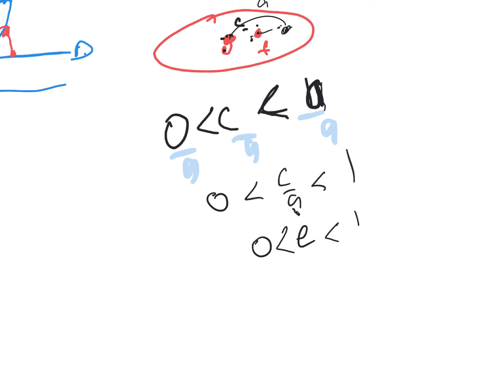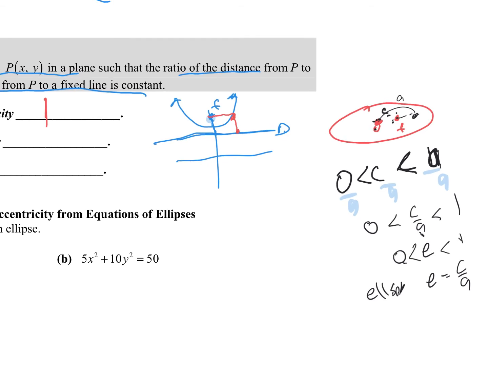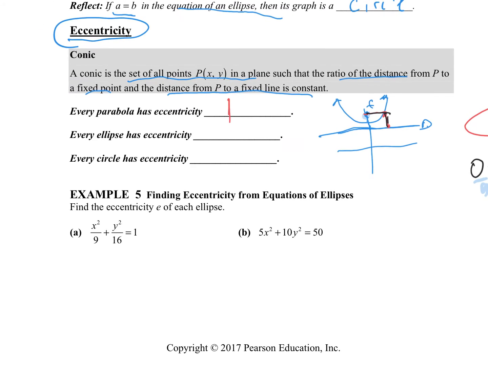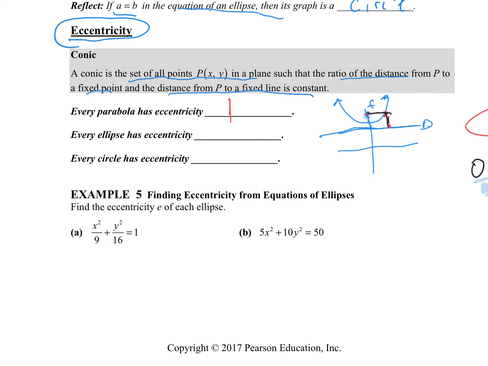So in English, eccentricity is C over A, and it's between 0 and 1, of an ellipse. Parabola, we already know eccentricity is always exactly 1. Every ellipse has eccentricity of C over A.